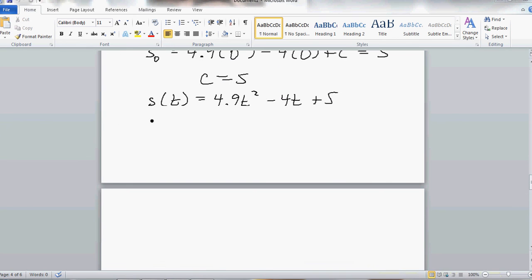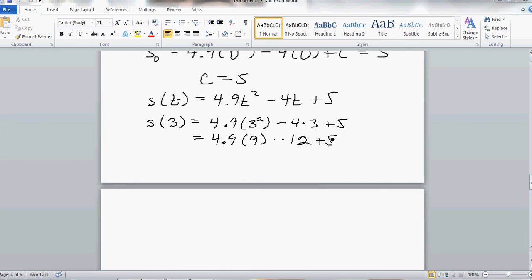So with that in mind, first thing I need to do is find S of 3. And unfortunately I'm going to have to go back and use the calculator here. But it'll be 4.9 times 3 squared minus 4 times 3 plus 5. And so that'll be 4.9 times 9 minus 12 plus 5.